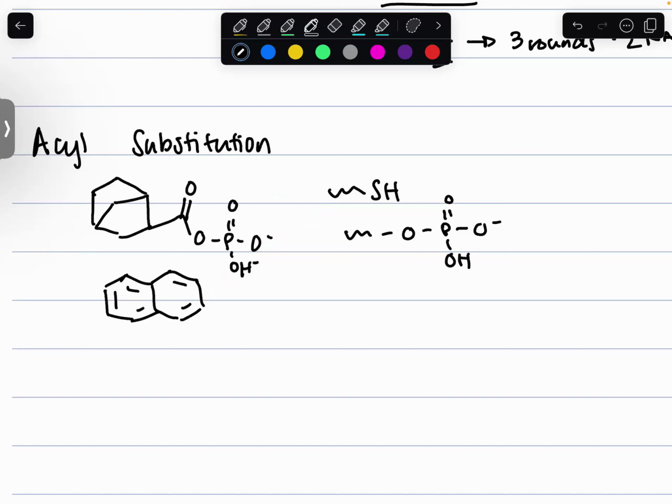What is the key change I made here? Why didn't they go together? Because they're both the reactive parts. And if they're on the same molecule, you would have an intramolecular reaction. Too big for our britches.